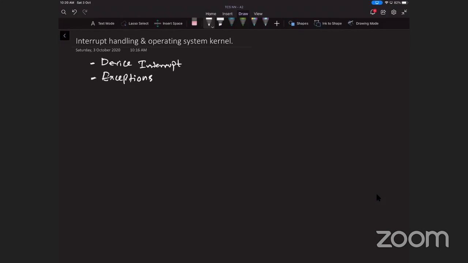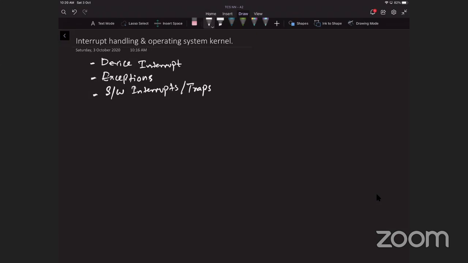Those are called exceptions. And then software interrupts. Software interrupts are sometimes called traps. For example, a process requesting a resource such as a hard disk drive.